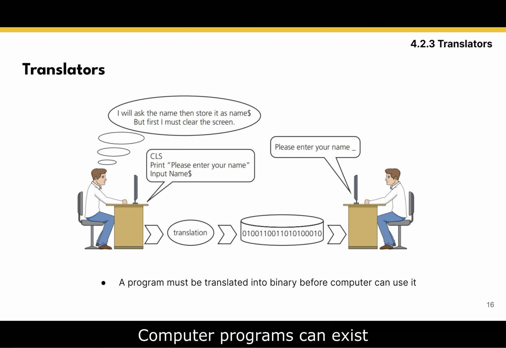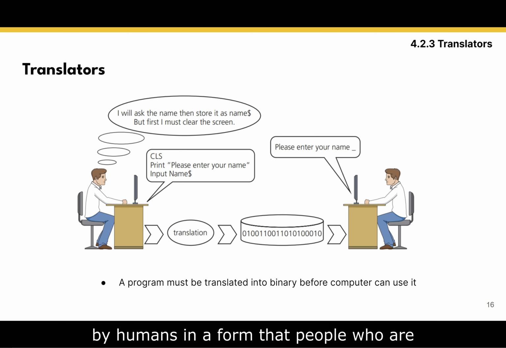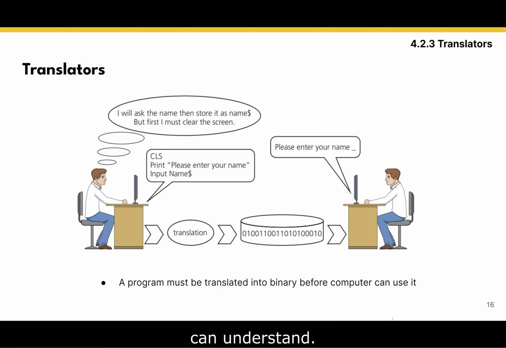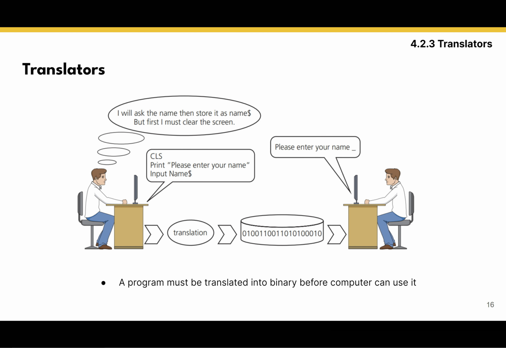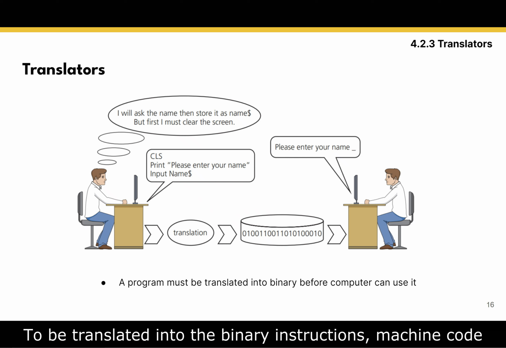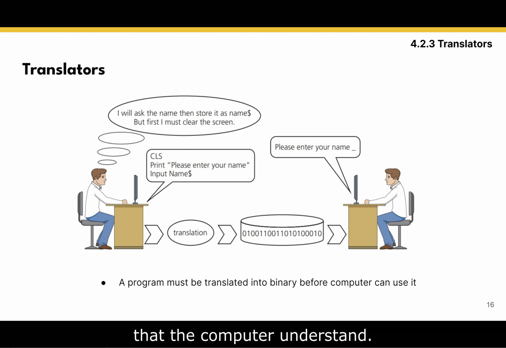Computer programs can exist in several forms. Programs are written by humans in a form that people who are trained as computer programmers can understand. In order to be used by a computer, programs need to be translated into the binary instruction machine code that the computer understands.